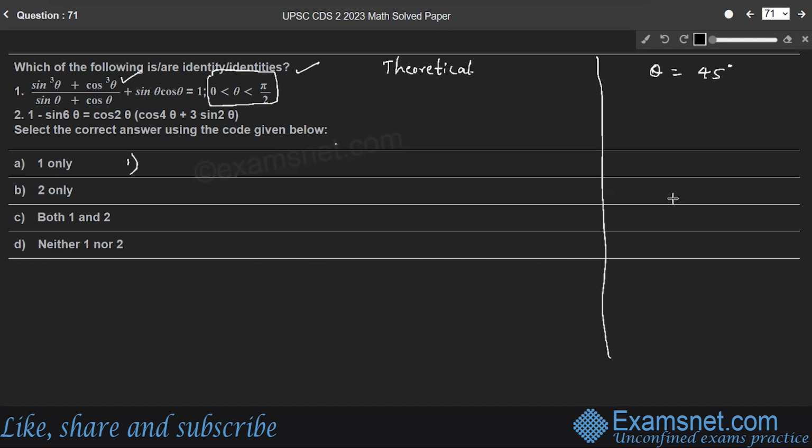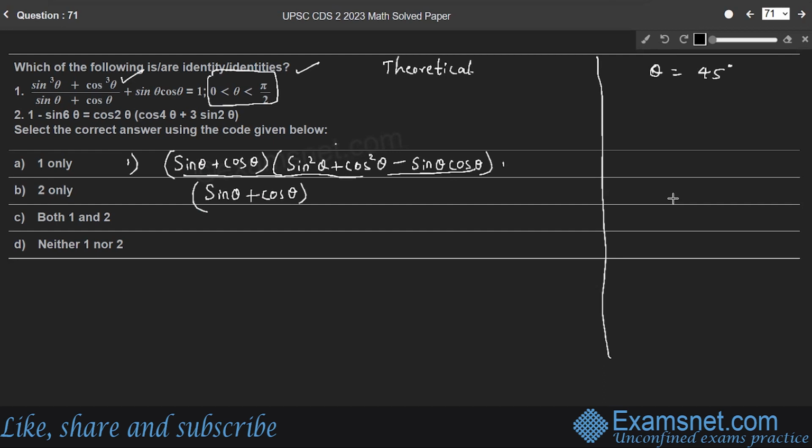In this, sine cube theta plus cos cube theta can be written as sine theta plus cos theta into sine square theta plus cos square theta minus sine theta cos theta. The standard formula for a cube plus b cube. Divided by the denominator, sine theta plus cos theta.